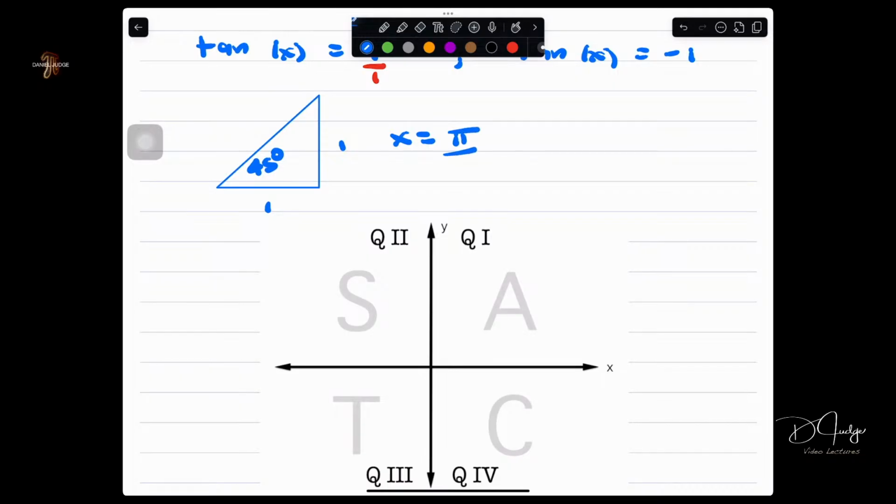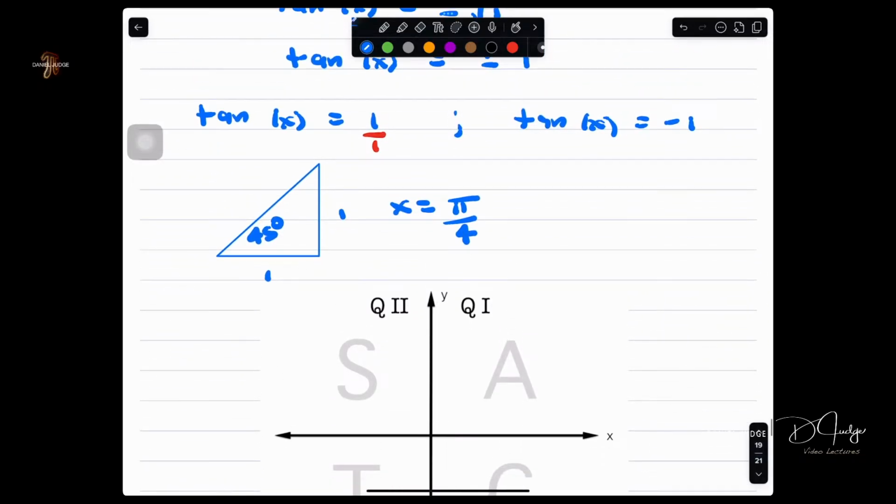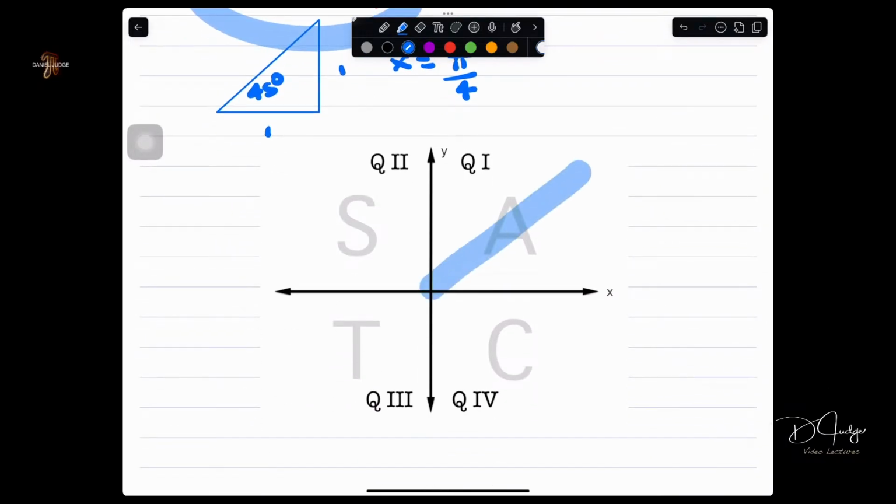So that means x is actually pi over 4. This is for tangent being positive 1 here. This is what we're looking at. And then there's two quadrants where tangent's positive. It's in quadrant 1. And it's in the opposite quadrant, quadrant 3.